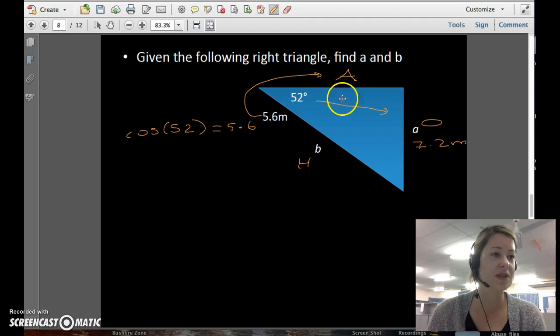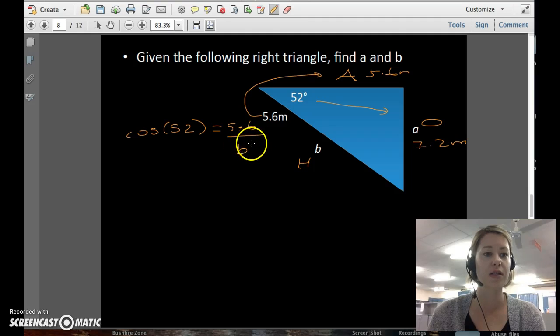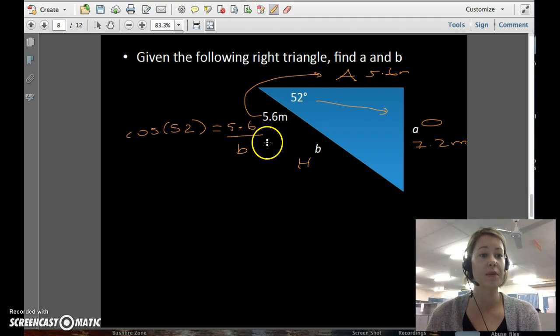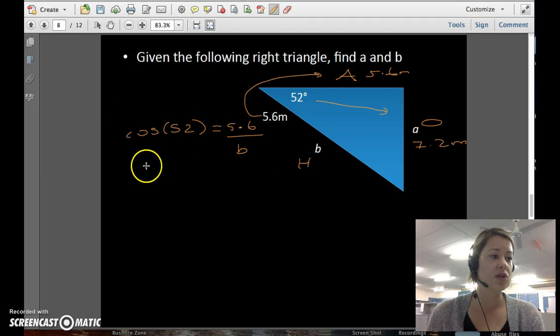Sorry, it's a bit confusing because there should be 5.6 here. 5.6 over our H, which is b. Now we can see that our unknown is on the denominator, so we can't just simply times both sides by the denominator. There are a couple of steps that we need to do.